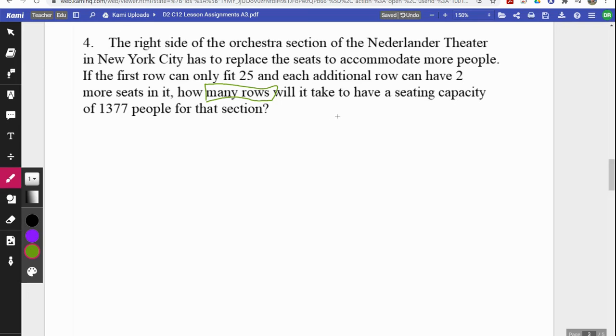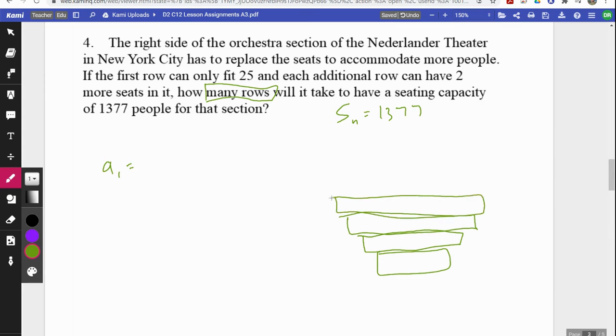Right now, we know we want the total seating capacity, S sub n, to be 1377. We don't know what n is, but we have to add. If we added up all the seats, we'd have that. We know that the first row, a sub 1, the first term in our sequence of rows, is 25 here, and then 2 more seats on each next row. We're basically adding that for each next number.